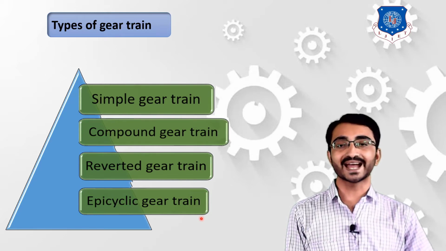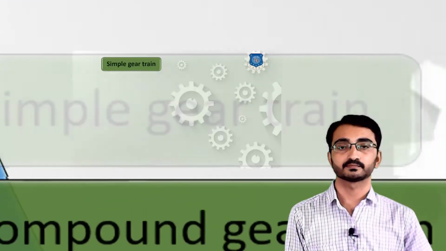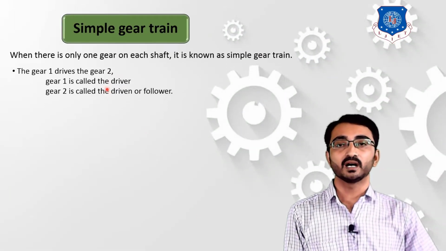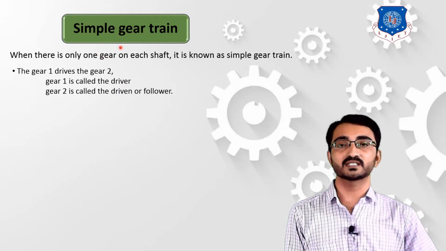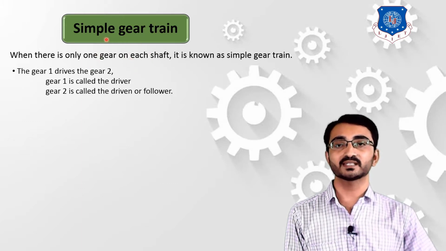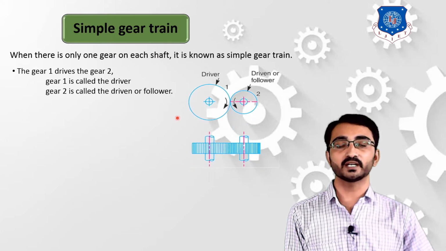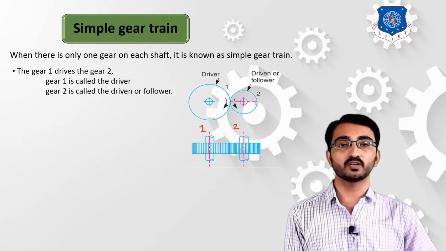So let's start with the first one, that is simple gear train. As the name indicates, an assembly with a simple arrangement, where only one gear is mounted on one shaft, is termed a simple gear train. In this diagram, each shaft contains only one gear.